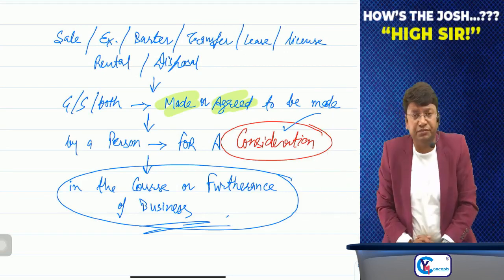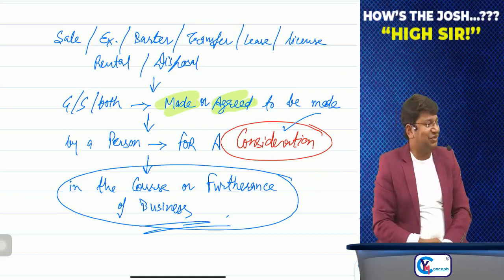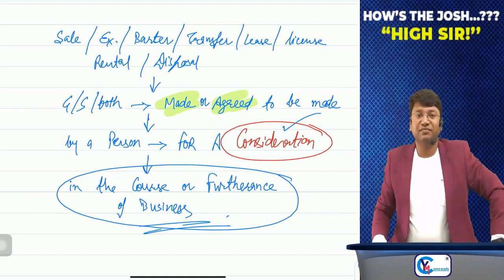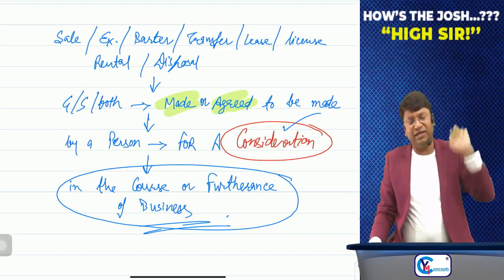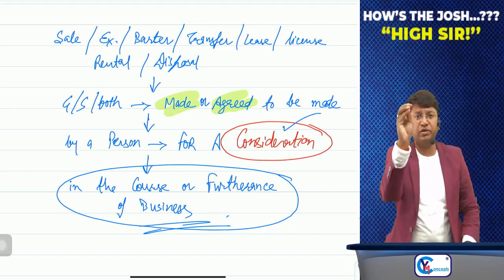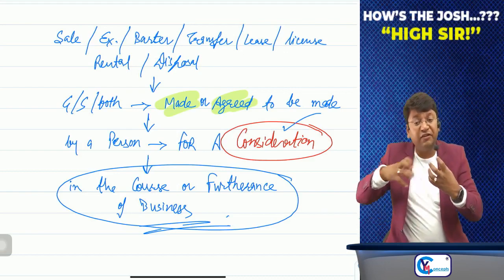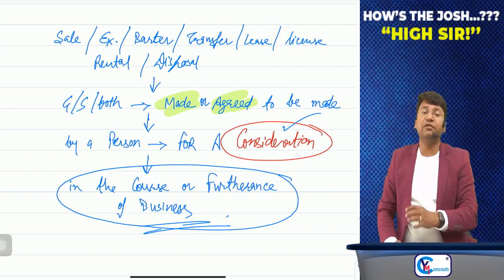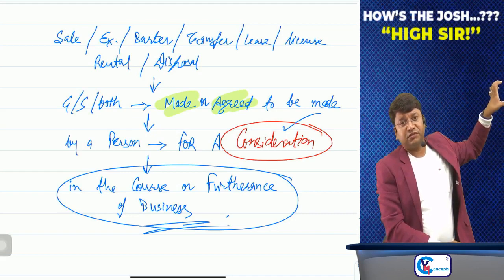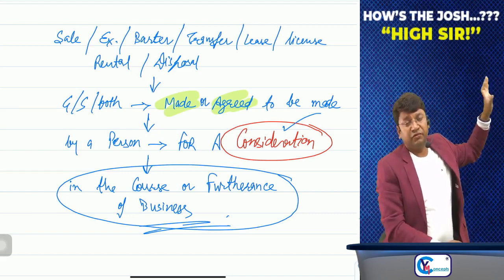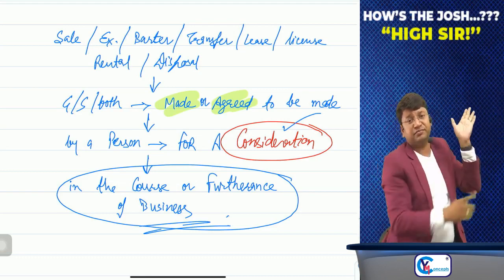Suppose some charitable institution. One circular is also there. One charitable institution is doing charity activity and you have donated rupees 10 lakh to that charitable institution or hospital or school or whatever it is. Voluntarily you have donated rupees 10 lakh, and just to show their gratitude, they have mentioned your name on a wall of the temple, that with thanks, with due regards, we received a sum of rupees 10 lakh from Mr. XYZ.